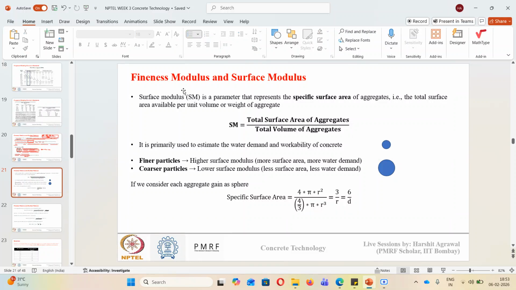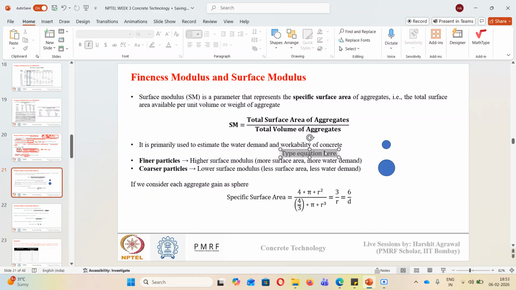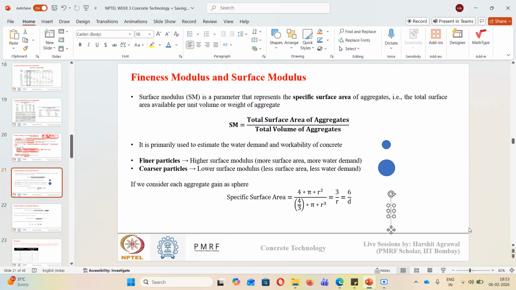Why? Suppose you make a concrete with a W by C ratio of 0.4. Suppose for 1 cubic meter of concrete you were adding 160 kg water. Now what happened?